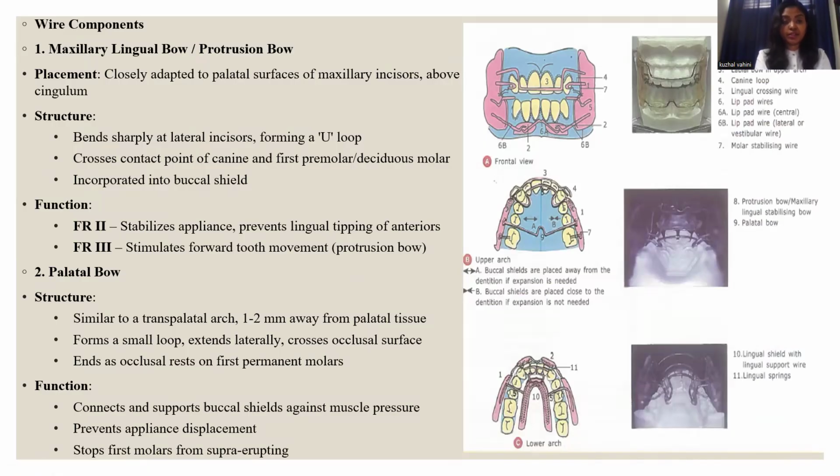There are different kinds of bow. The lingual bow in Frankel 2 stabilizes the appliance and prevents lingual tipping of the anteriors, whereas the protrusion bow in Frankel 3 stimulates forward tooth movement.